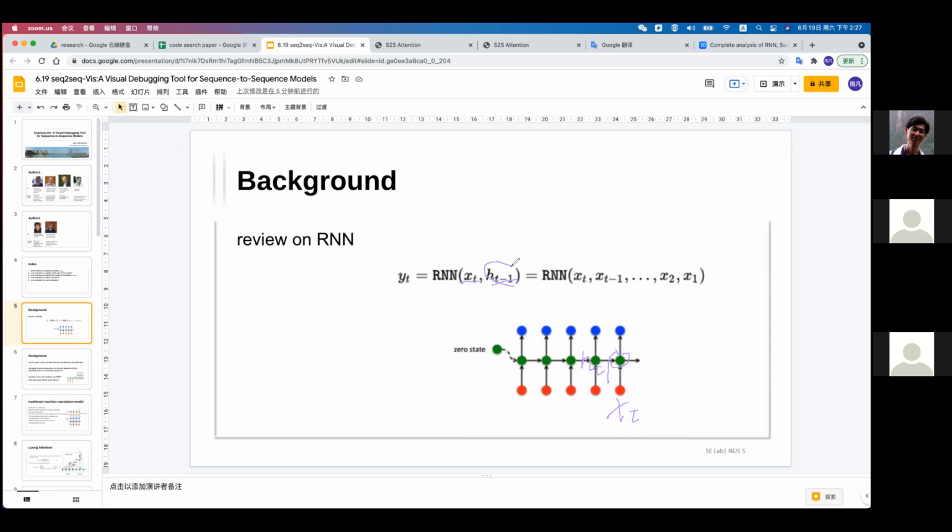The hidden state ht minus 1 comes from the inputs x1 up to xt minus 1. So the recurrent neural network is a very simple architecture.